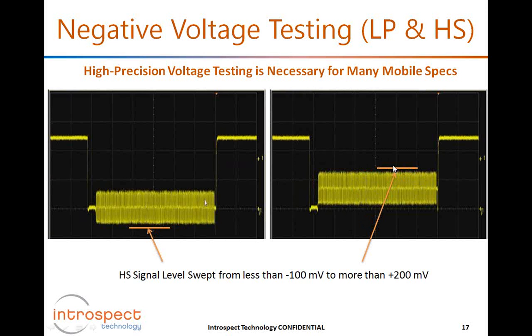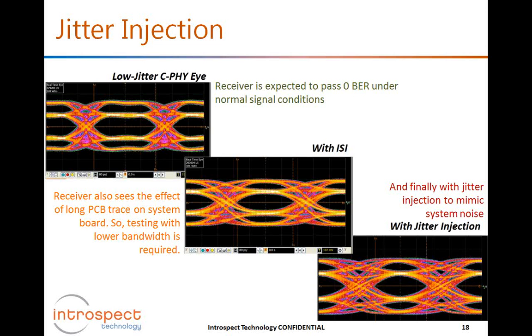And then the other item that's extremely important for receiver testing, and one of the most important tests actually for receivers in high-speed standards, is the jitter tolerance test or the jitter injection test. The reason for this is described here very simplistically: nominally a receiver is expected to pass 0 BER with normal signal conditions.